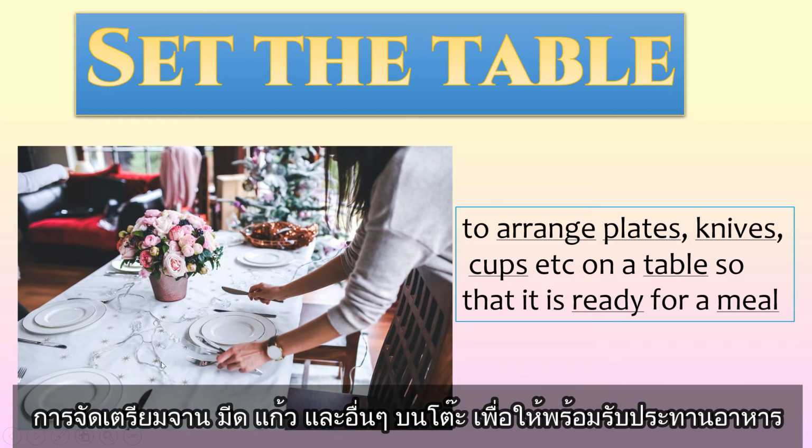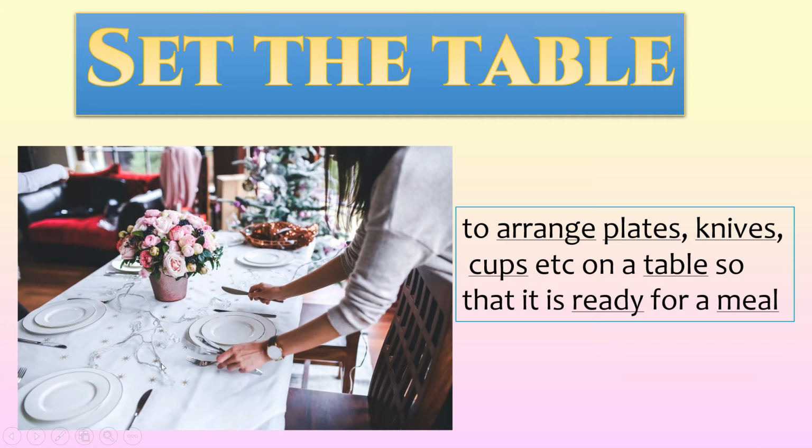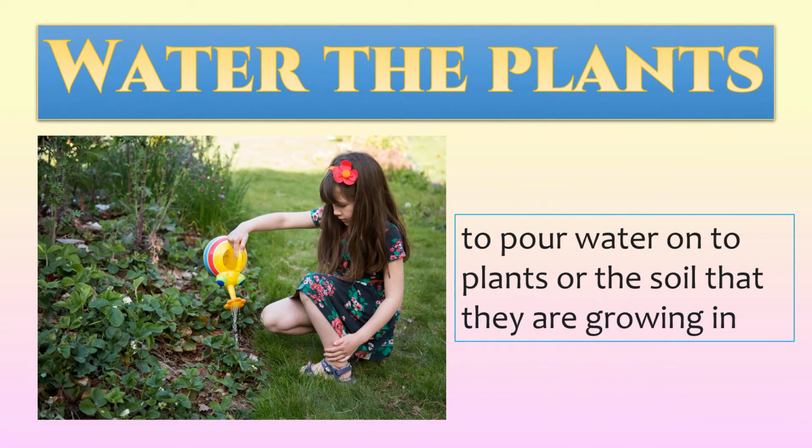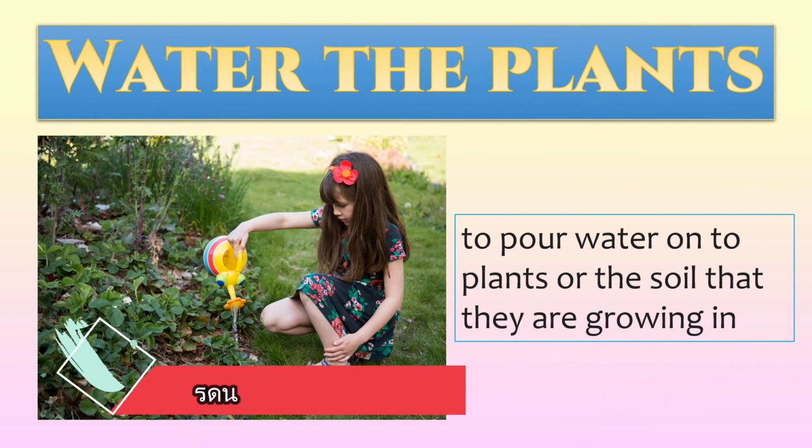So you have to put the plates, the glasses or the cups or everything that you need to place on the table before you eat. So you will be ready for eating. Okay, set the table.